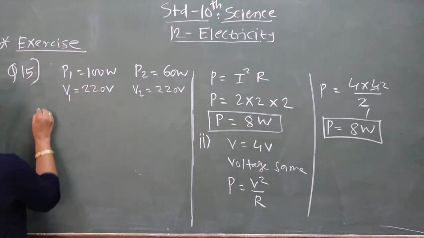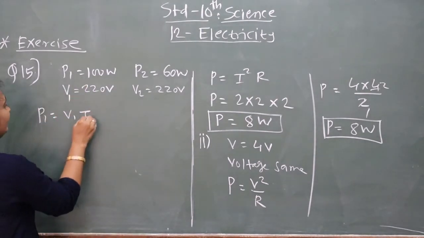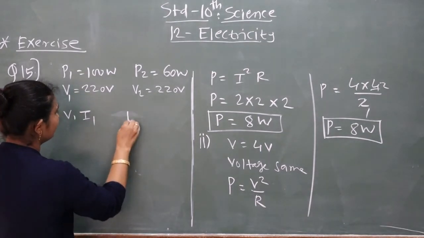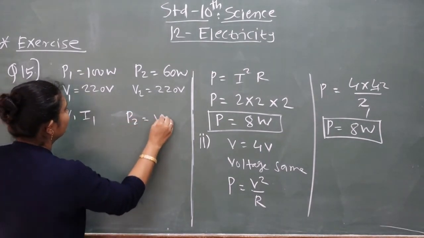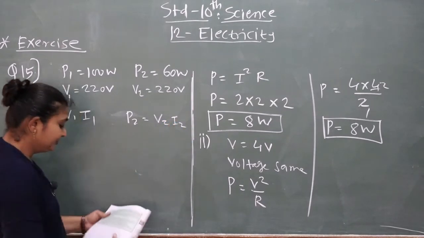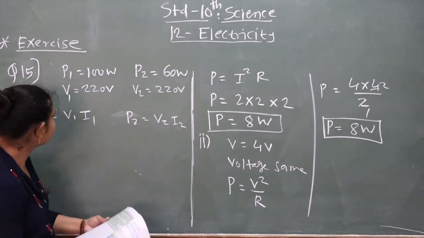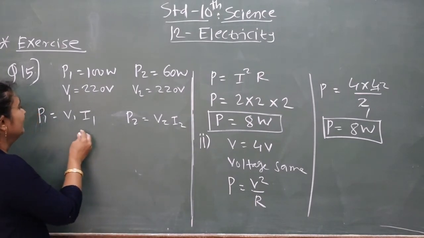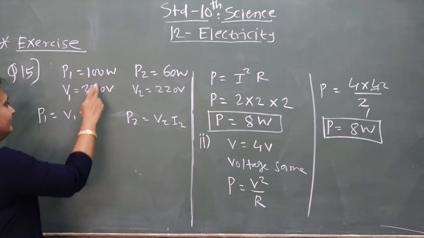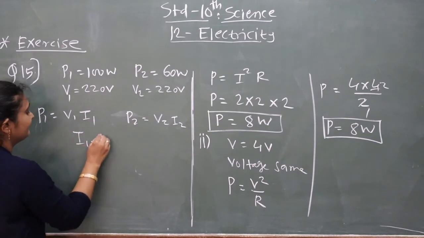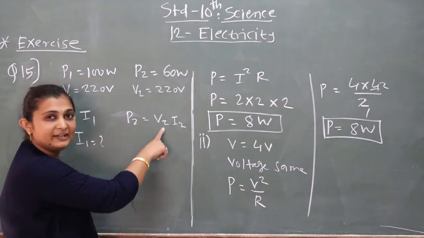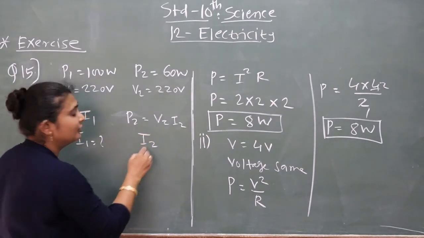What is the formula of power? P1 is equal to V1 I1 and here P2 is equal to V2 I2. Now do this at home. Put all the values, P1, V1, you get the value of I1. Put the value of P2 and V2, you get the value of I2.